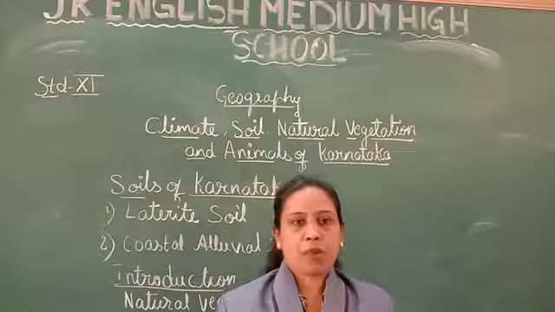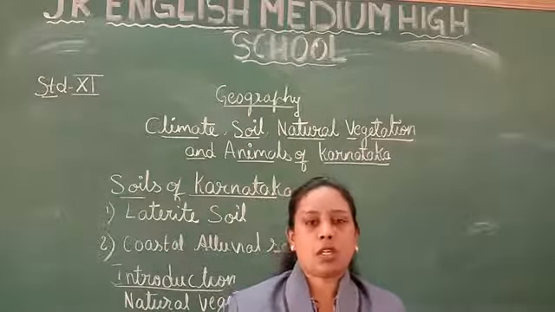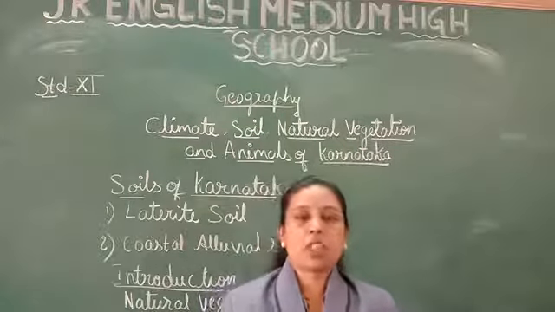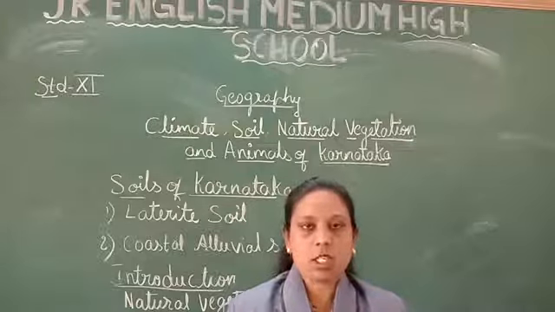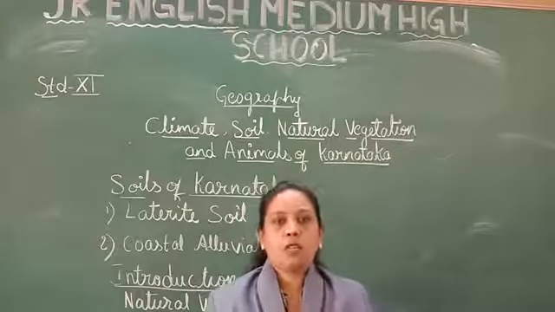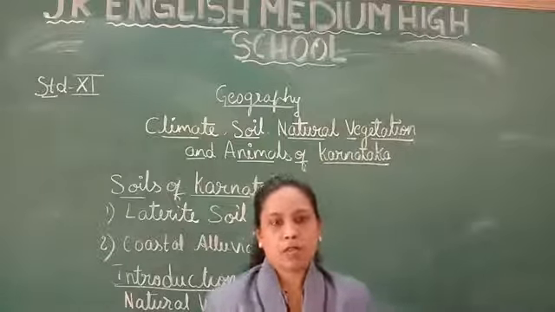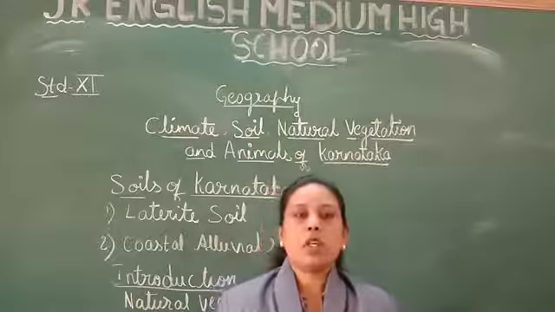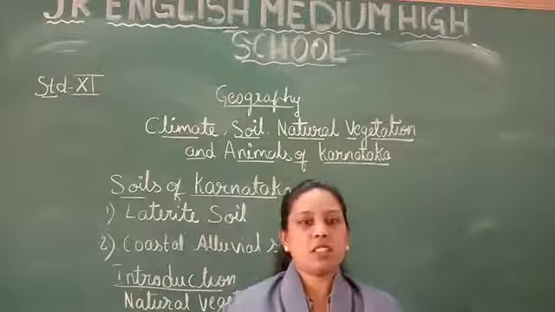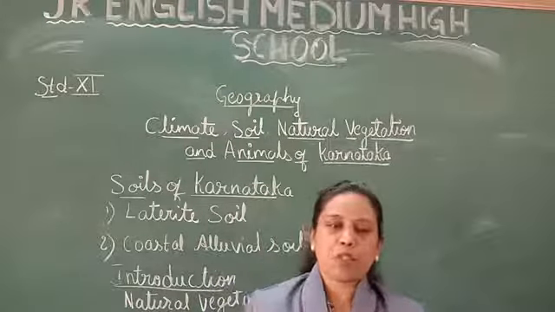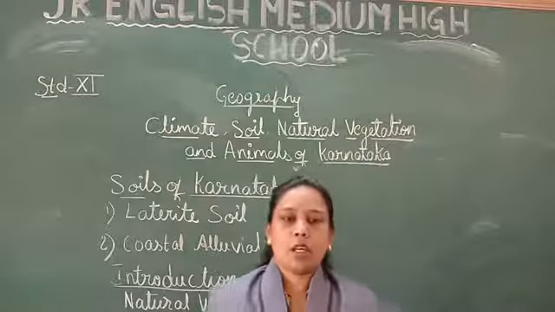Iron and aluminium, which are non-soluble, remain in the upper layer. Means, what can mix in the water will go and settle in the lower layer, and what can't mix will be in the upper layer. This soil becomes soft during the rainy season and dries up during the summer season, leading to the formation of laterite rock.